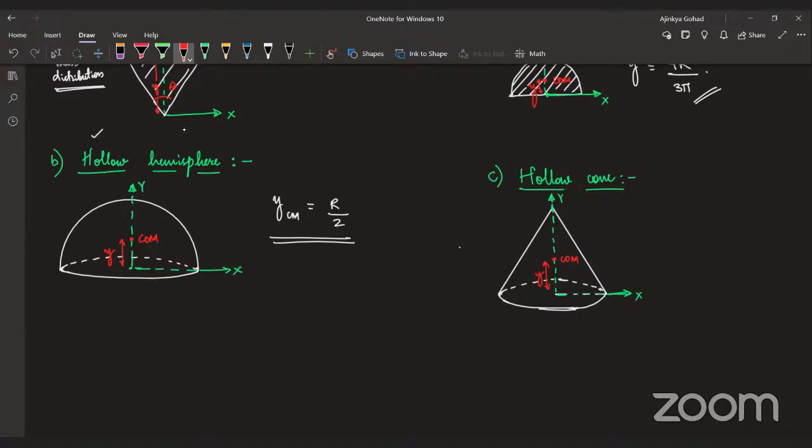This is again a surface mass distribution. So what I can do is I can break it down into rings. Right. I can break it down into rings.